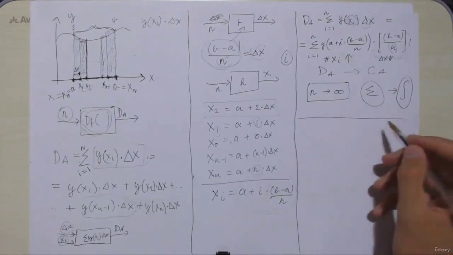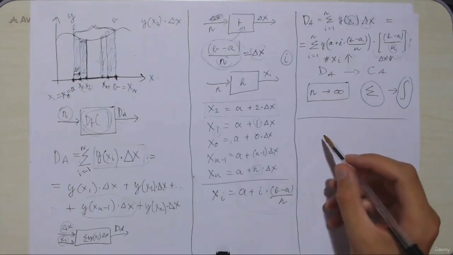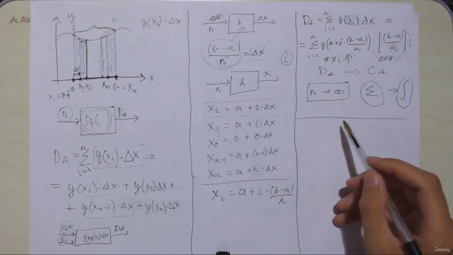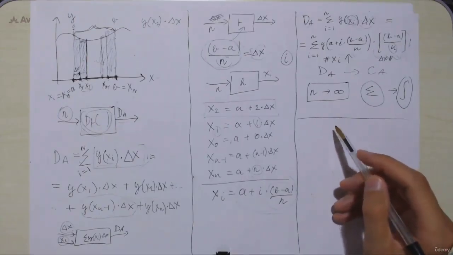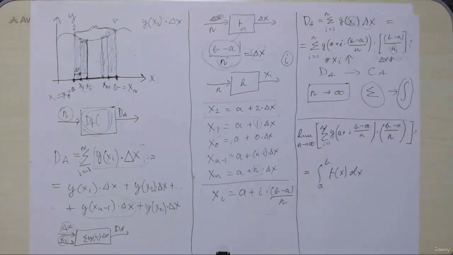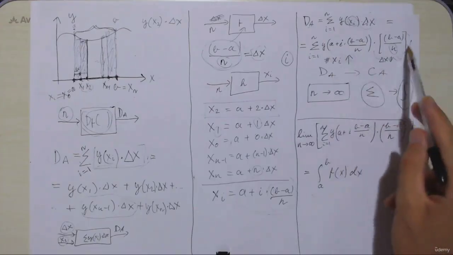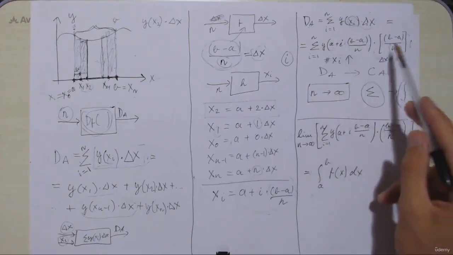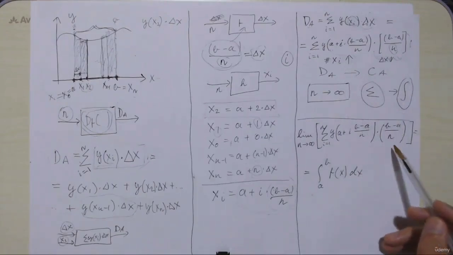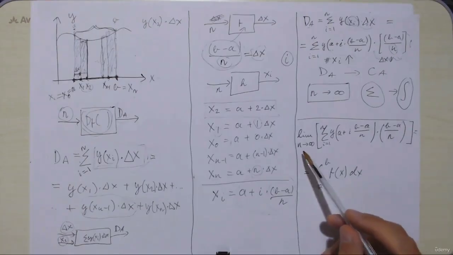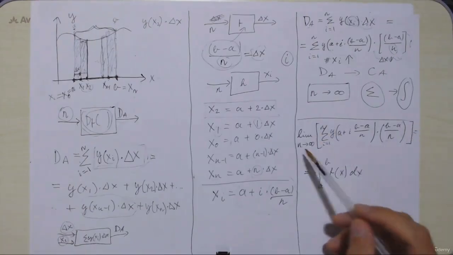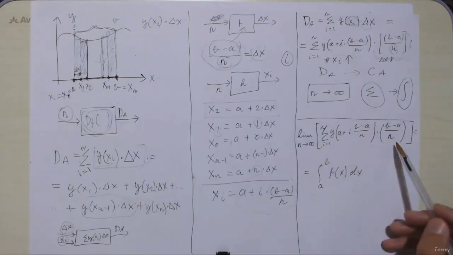And so this is the formal mathematical definition of a definite integral. The formal definition of a definite integral is obtained like this. You take the formula for the discrete area, and as we discussed before, you take the limit of this entire formula as n approaches infinity.